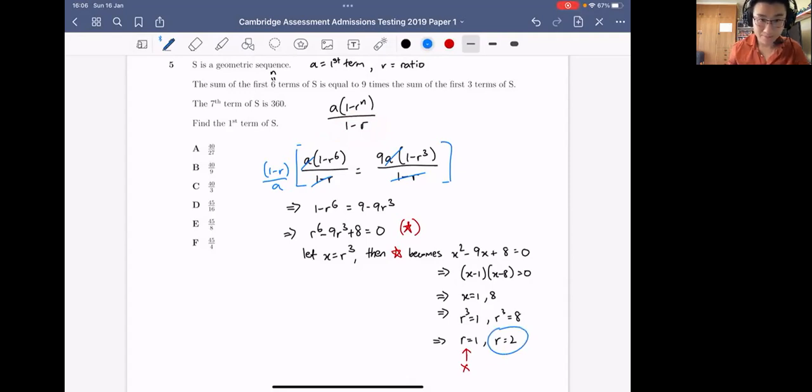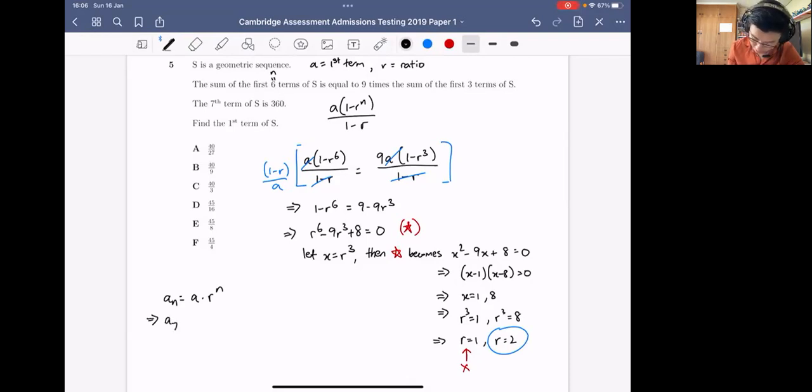Then the seventh term is 360. So to find the nth term rather than the sum of the first n terms is really easy. It's just a_n is equal to the first term times the ratio to the n minus 1. But now we know r is equal to 2, and n is equal to 7 because we want the seventh term.